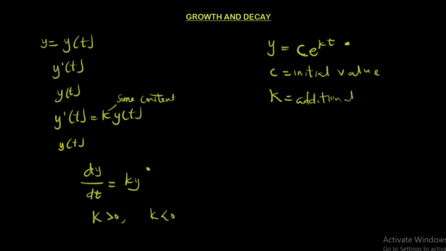So let's do some proving here to know how the first order differential equation was applied to get these formulas. Let us take the initial time. At the initial time the quantity is known, y(t0) is equal to y0.